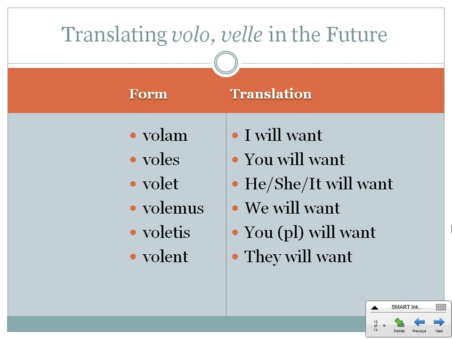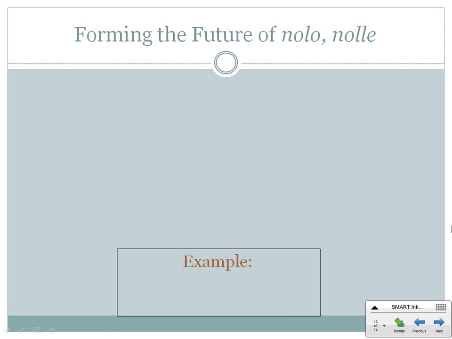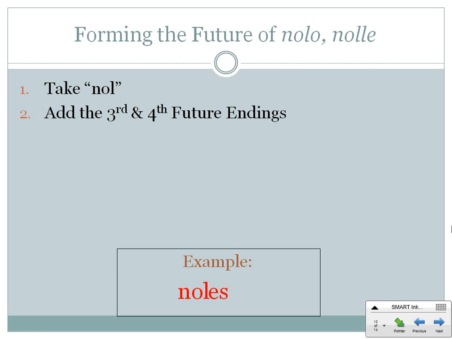Now, since we're done with that one, we finally get to our last irregular verb, which is going to be nolo, nolle. And, like in the imperfect tense, it is going to form just like volo, except you're going to substitute an N for the V. So we're going to start with nol, and then we're going to add our third and fourth future endings.